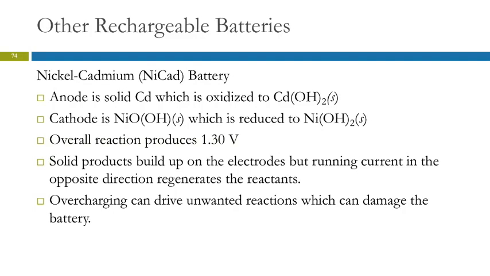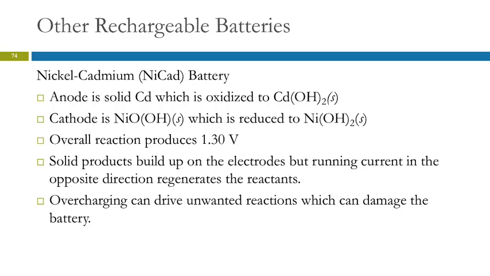Overall, the reaction is going to produce 1.3 volts. Like in the lead acid storage battery, we get these solid products building up on the electrodes, but then if we use an external source to run current through it in the opposite direction, we can regenerate the reactants and it'll be ready to go again.